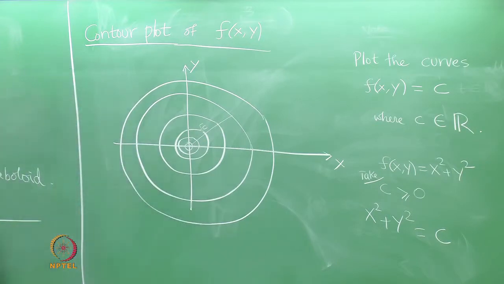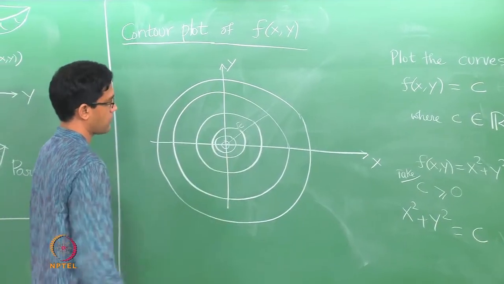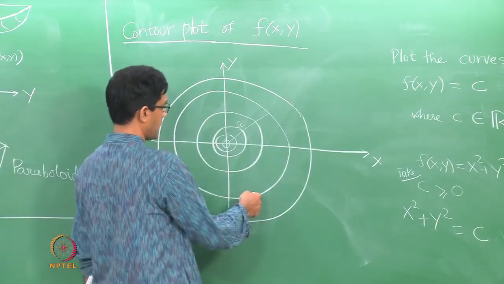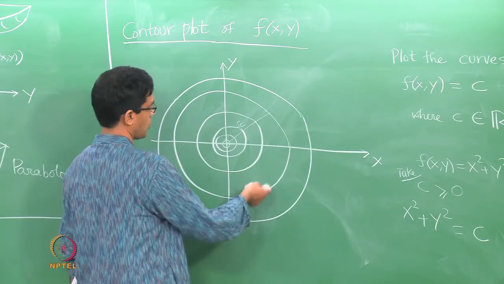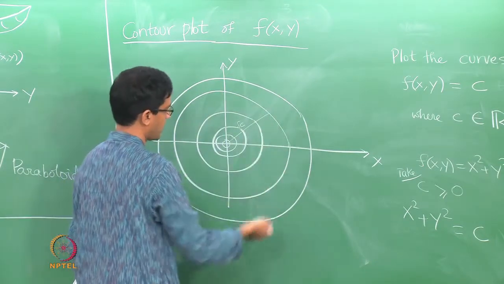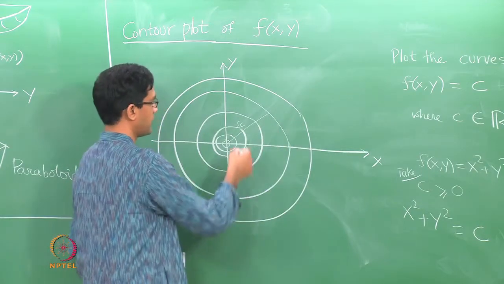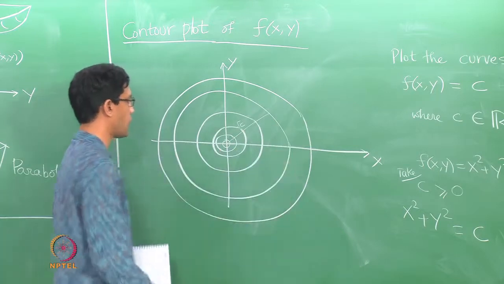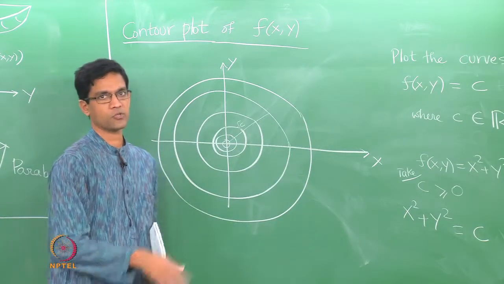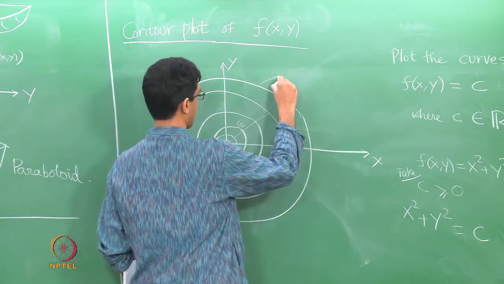Okay. So, a plot like this in which you also keep track of what c each thing corresponds to, for instance, this outermost thing might have been c equals 100, and say this is c equals 50, c equals 20, and so on, gives you some sort of mental picture of what the function is doing. Okay. So, these curves that we have drawn are sometimes called the contours or level curves.